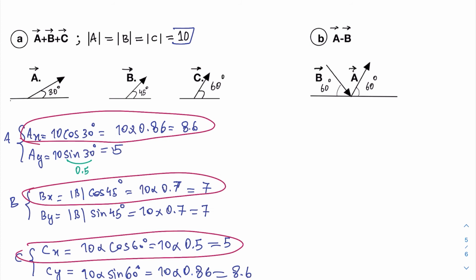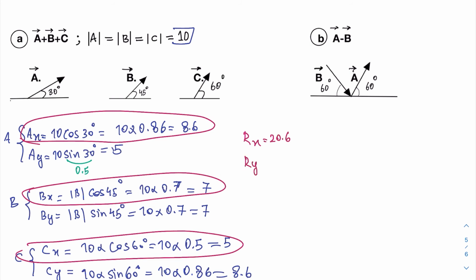I can just add them up. 8.6, and none of them is negative, so therefore I can just simply add them up. 8.6 plus 7 plus 5 is equal to, so this is my resultant x, is equal to 20.6.